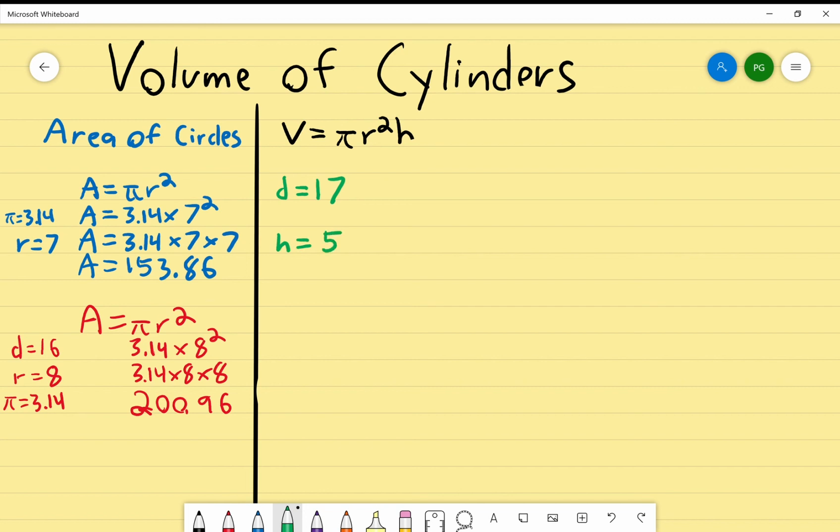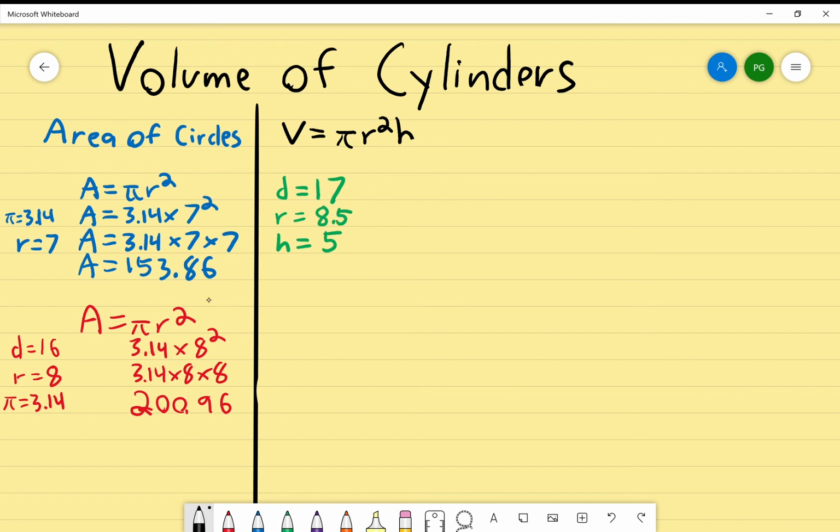You know that this formula does not have diameter, only radius. You find the radius by finding out what half of your diameter is. So diameter divided by 2, which is 17 divided by 2. Okay, 17 divided by 2 is 8.5. You can use a calculator for that if you need to. Voila, we're good to go.